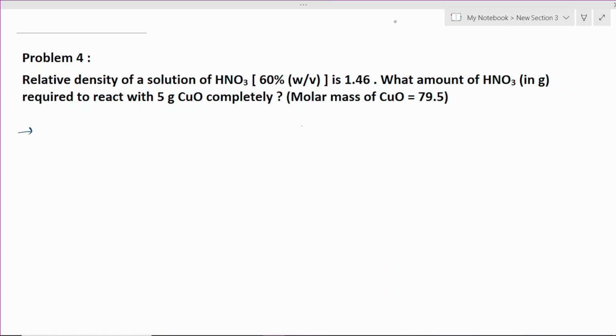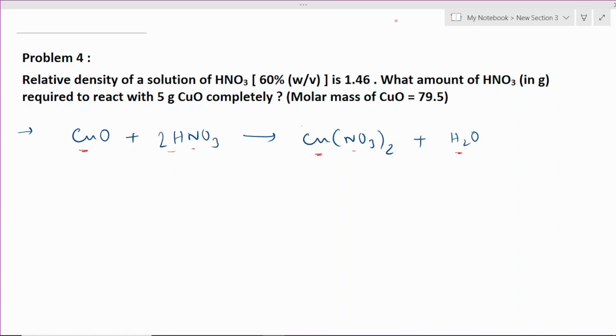So we have to write the reaction, that is cupric oxide plus HNO3 gives copper nitrate plus H2O, and we have to balance the equation, that is 2HNO3, and I see that 1 equivalent of copper, 1 equivalent of copper, 2 equivalent of hydrogen, 2 equivalent of hydrogen, 2 equivalent of nitrogen, 2 equivalent of nitrogen, 6 equivalent of oxygen, and here also 6 equivalent of oxygen.